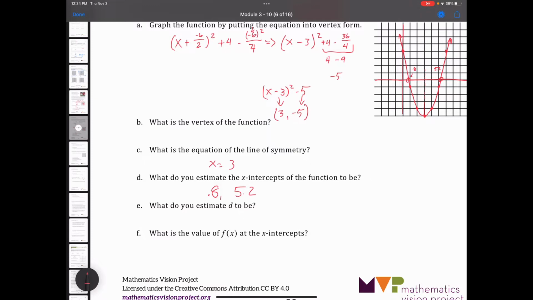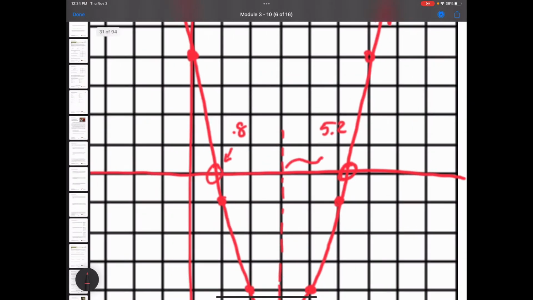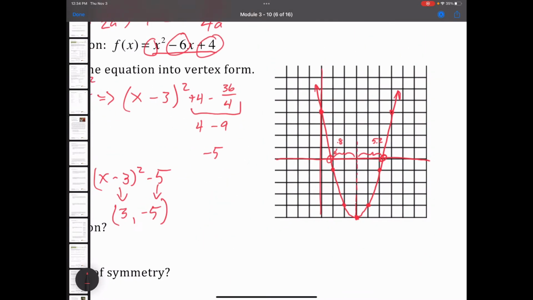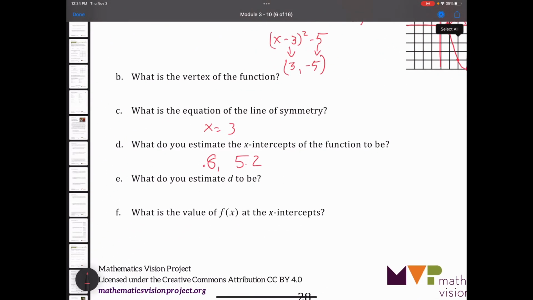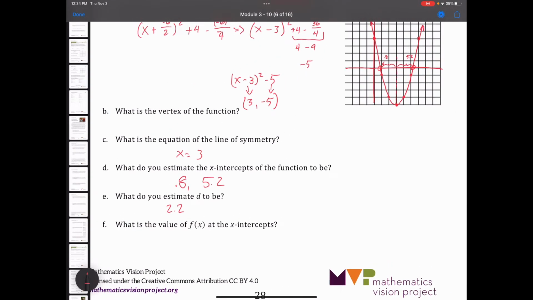So then the question is, what do I estimate D to be? Remember, D is the distance from the axis of symmetry to the x-intercept. So these should be the same distance away from 3. If I go 5.2 minus 3, that should be 2.2. And if I do 3 minus 0.8, that should be 2.2, and they both actually are.